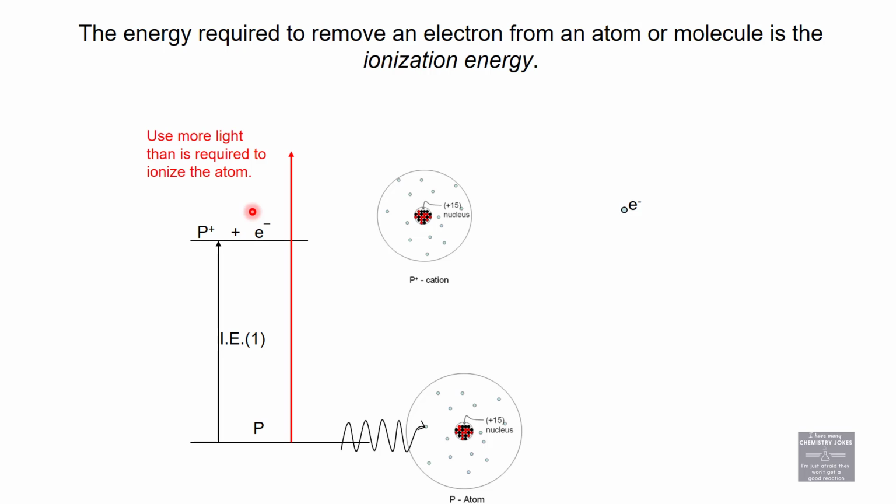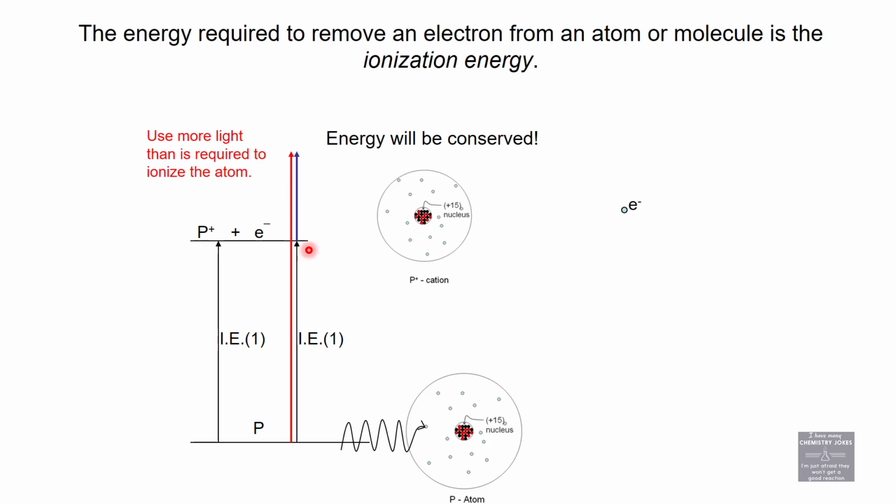It's going to give me more energy than is required to pull an electron off, but energy is always conserved. So this transition is known as my ionization energy, but this leftover energy is actually kinetic energy.